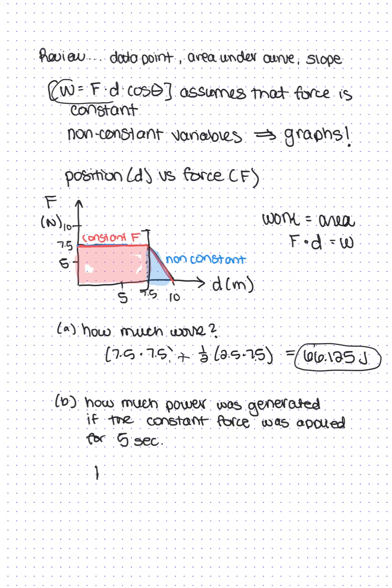So you could do this all at once: 7.5 times 7.5 divided by 5, which is 11.25, and power is measured in what? Watts.